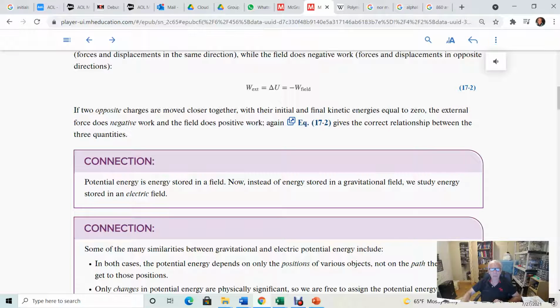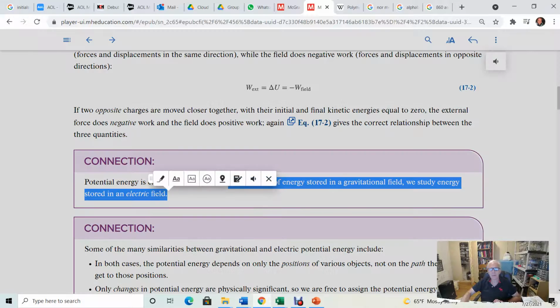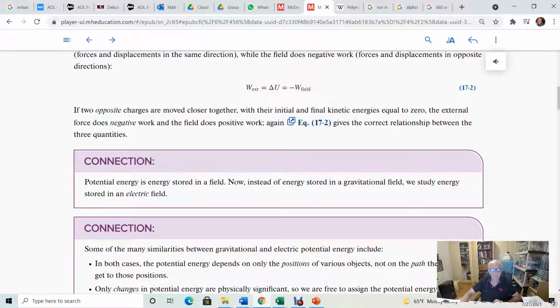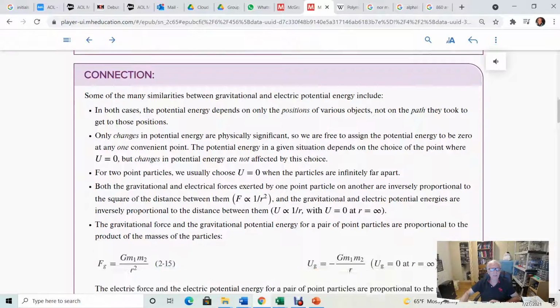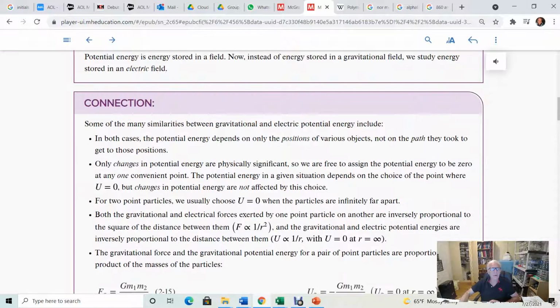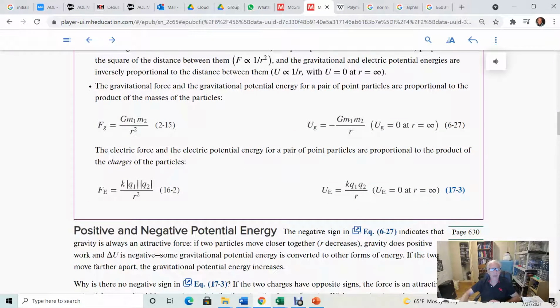The electric potential energy is energy stored in the electric field, or in our system too. We can put it this way as well. And here you go, he has the similarities, which I did for you as well.